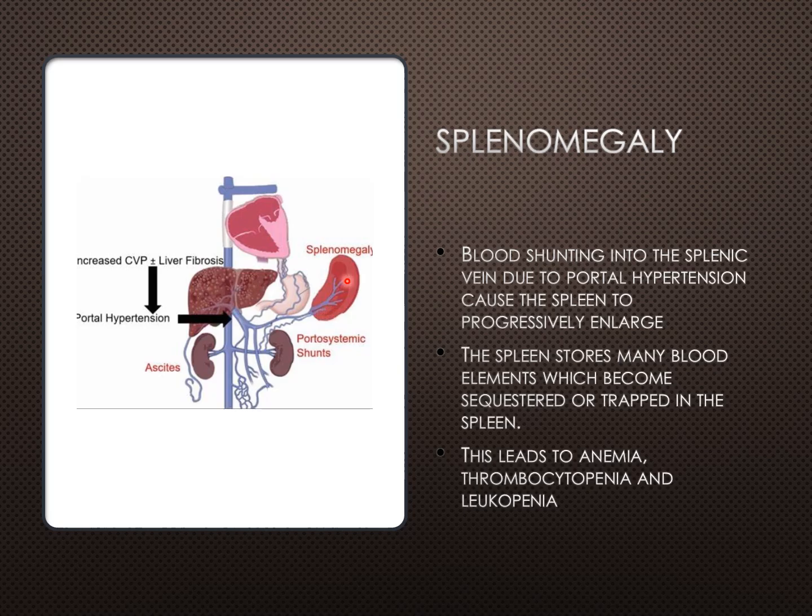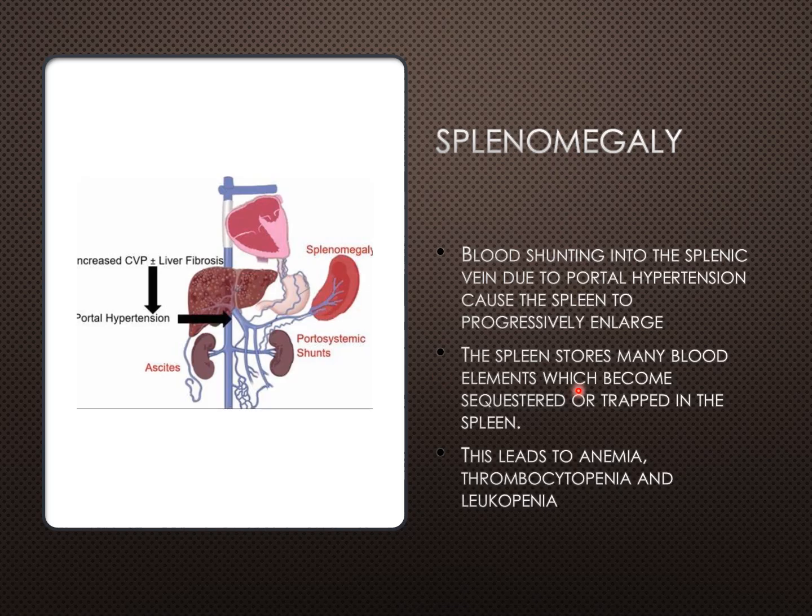So here's the spleen in splenomegaly, and here's the splenic vein, and it comes directly off the portal vein. And so as the liver starts to fibrose, blood can't freely travel through it. It starts to back up into the portal vein. The pressure within the portal vein increases, and now all this blood starts to back up and sit and become what we call sequestered within the spleen itself.